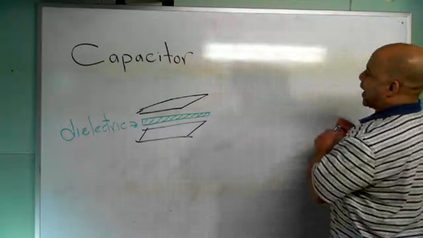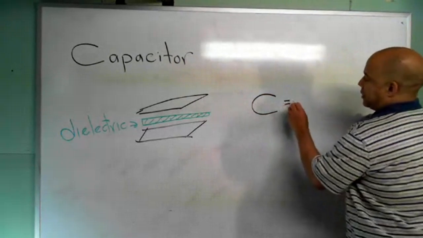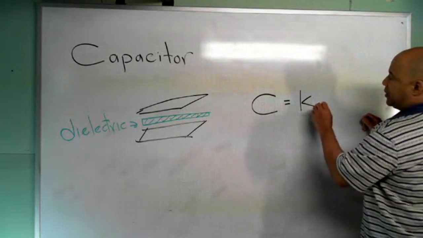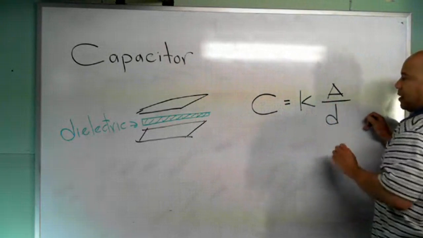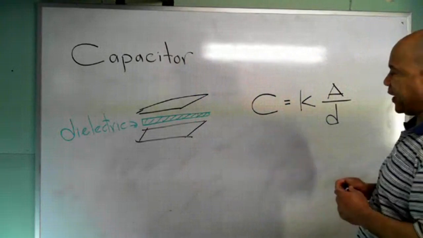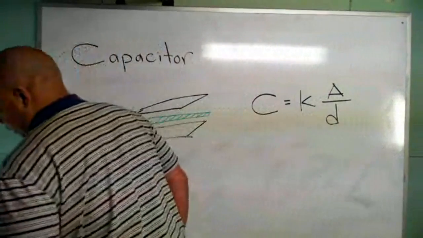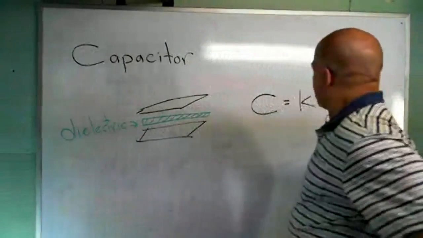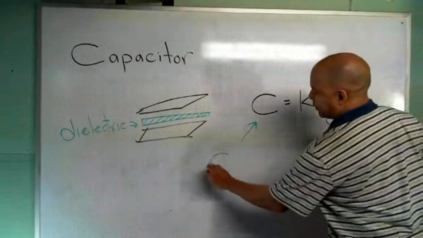So for a capacitor, the formula I want to give you is this one. I'll write the meaning of this down, but then I'll erase it. So go ahead, if you're taking notes, I'll give you a chance to write this down. I'm going to erase it, so make sure you do write it down. So the C stands for capacitance.